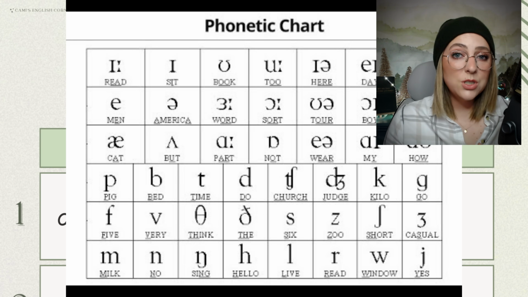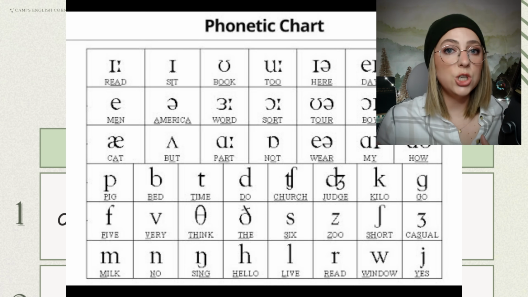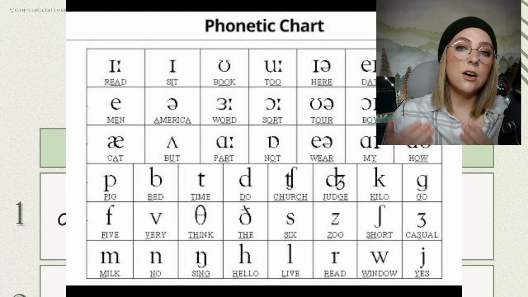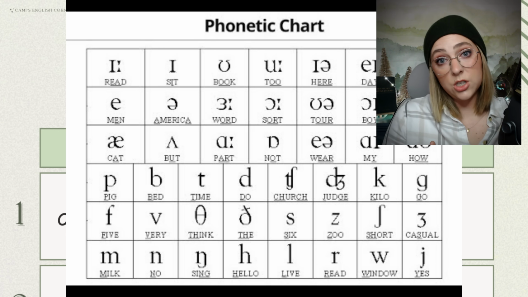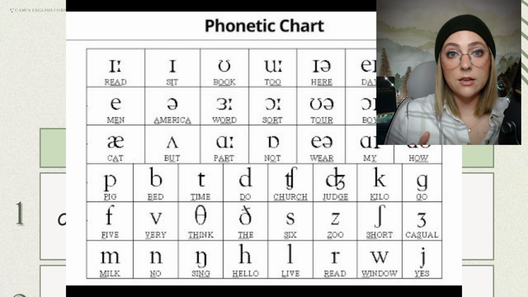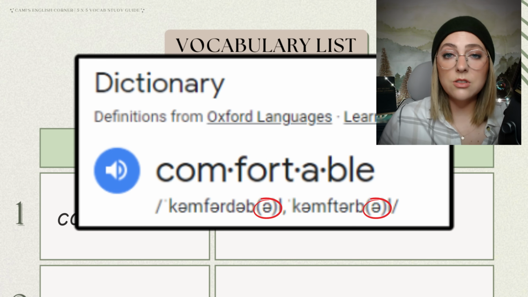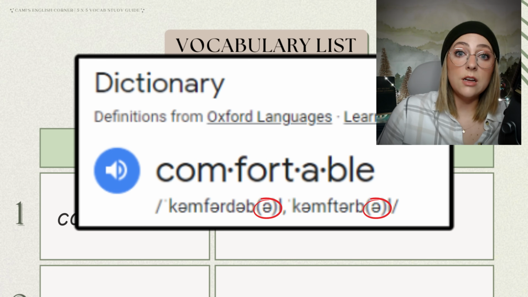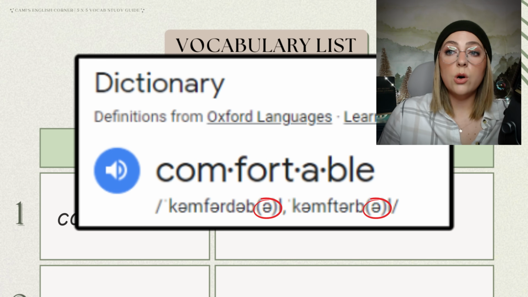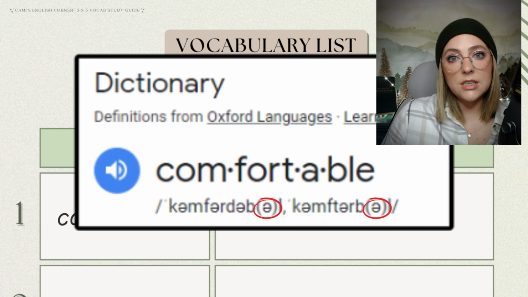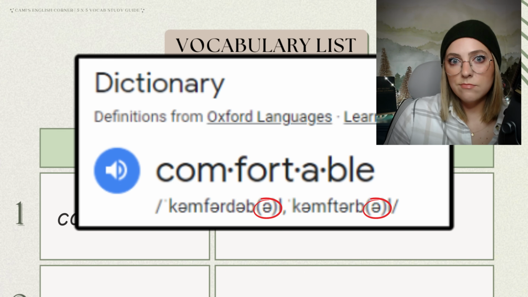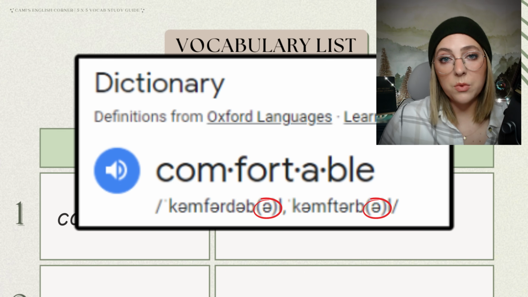I find that most students have a good general understanding of the regular phonetic structure of the English alphabet, so we just stick with that. Most English learners and even native English speakers don't understand what these upside down E's mean. And I don't really get it either.